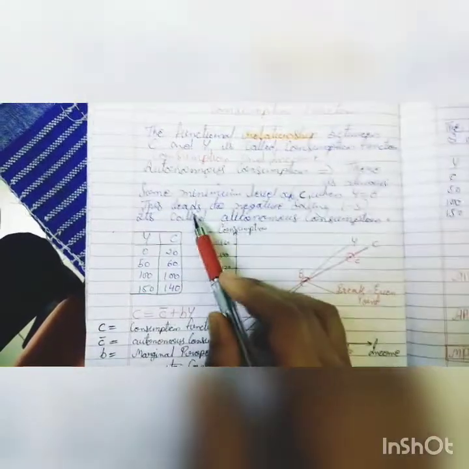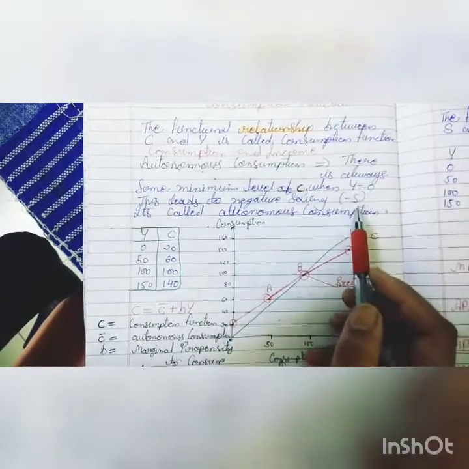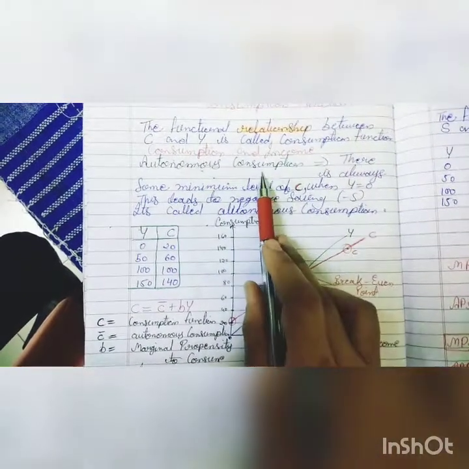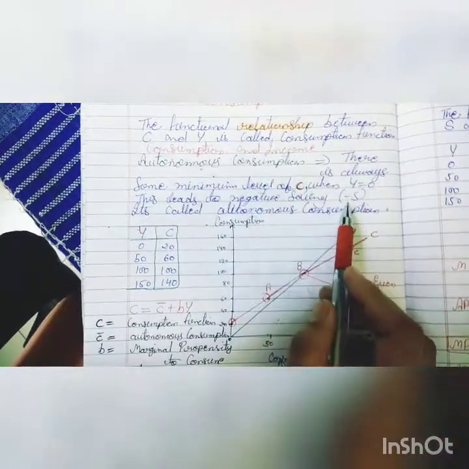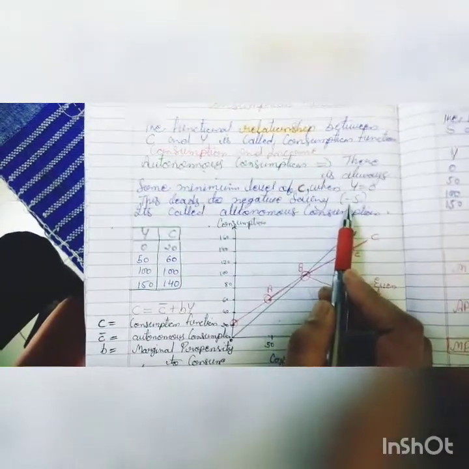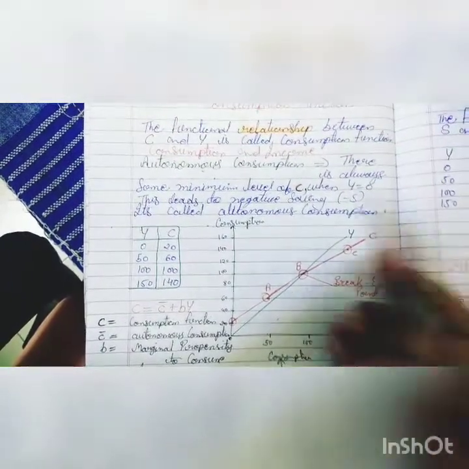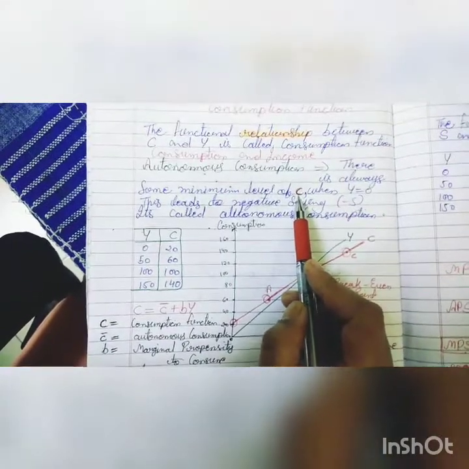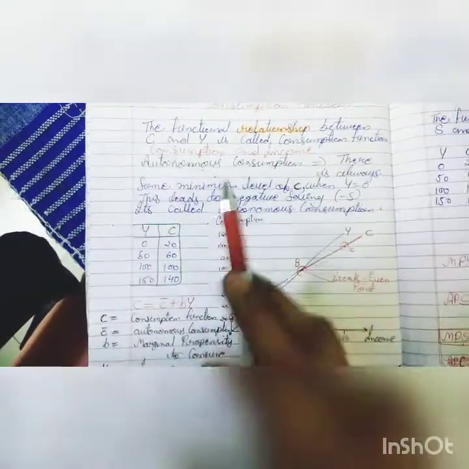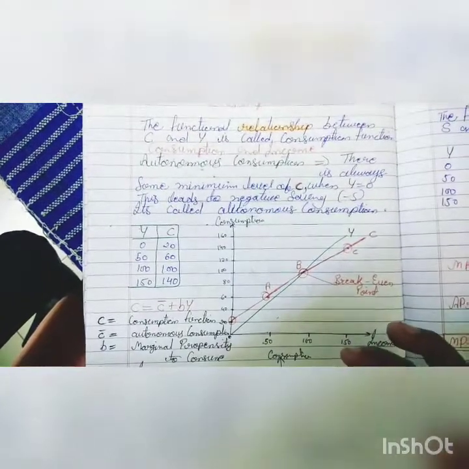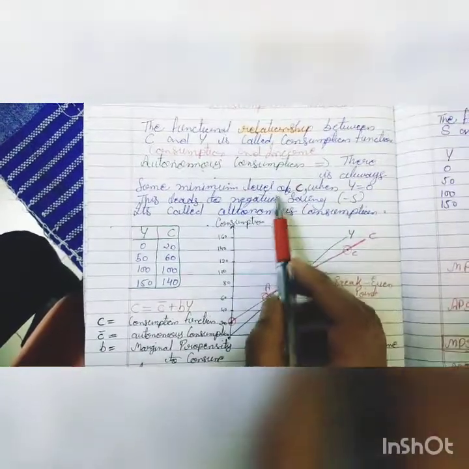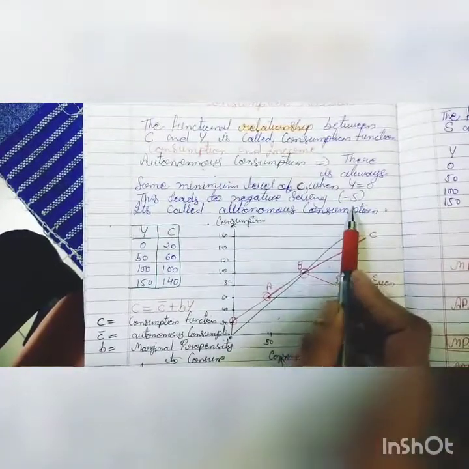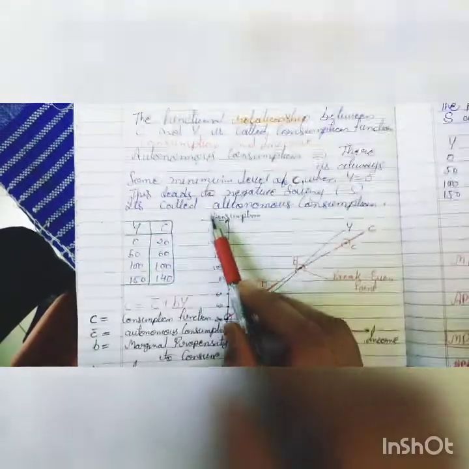This leads to negative saving, because no income means no saving. We consume goods and services from other sources, from previous savings or by borrowing money. Income is zero, so saving is negative. This is called autonomous consumption.